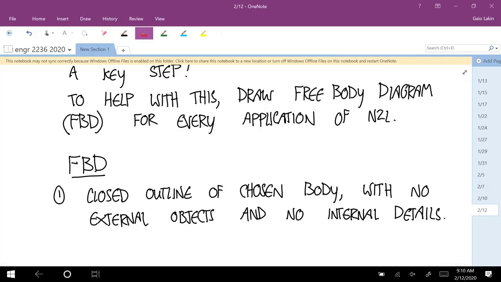No external objects, by the way, is the free in free body diagram. So we're taking the thing that we're isolating, and that's the only thing that we're looking at. And anything in the environment, we're going to represent just simply as the forces that it applies to our chosen body, to our free body.